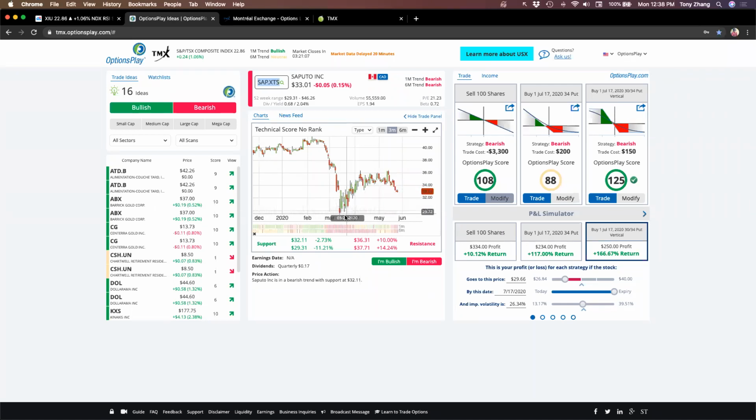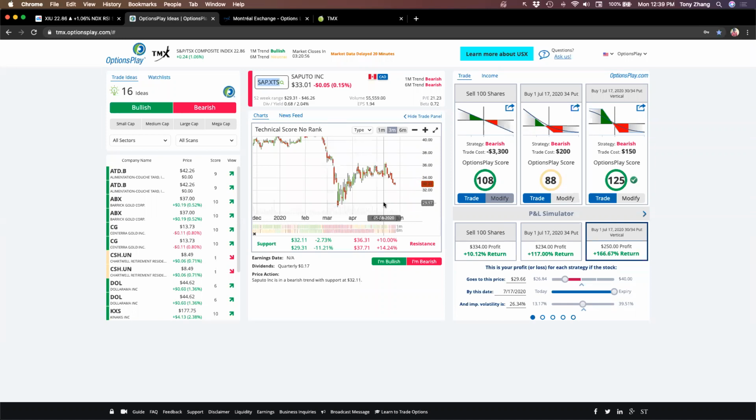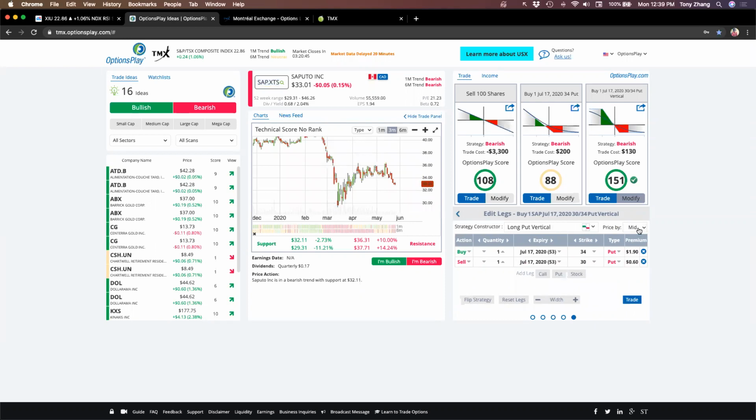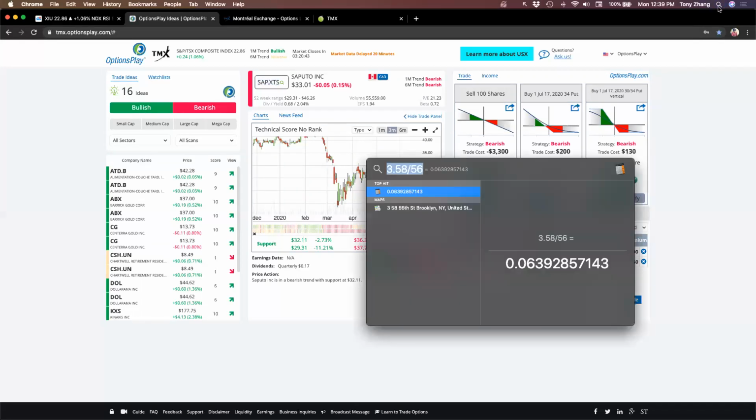You had this nice little rally into this range and then it traded within that range and is starting to break lower. So with this type of trade, you have a pretty clear target here, probably down in the $30 zone. I would definitely use a put vertical here, in my opinion, because you're risking a relatively small amount of capital, $130, 1.3 divided by a $33 stock.